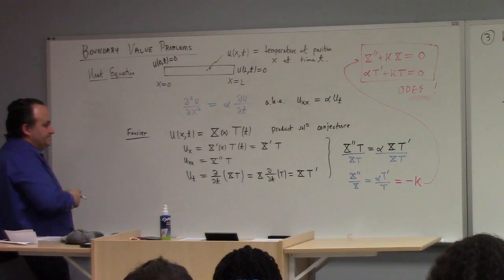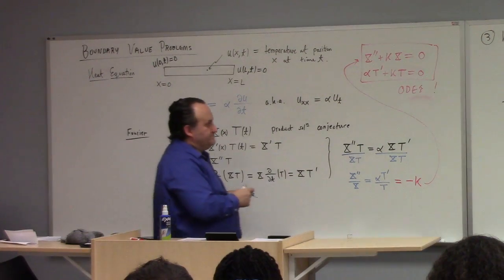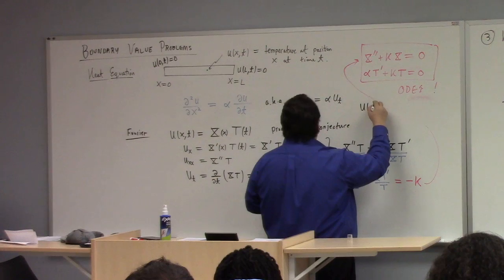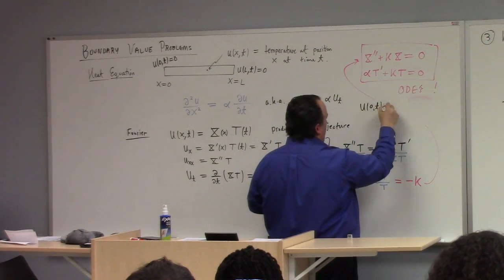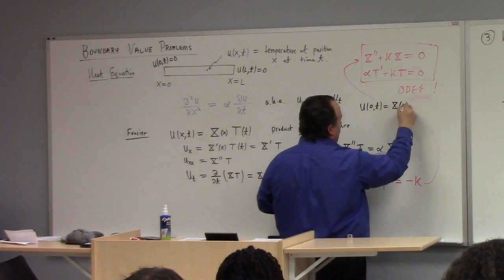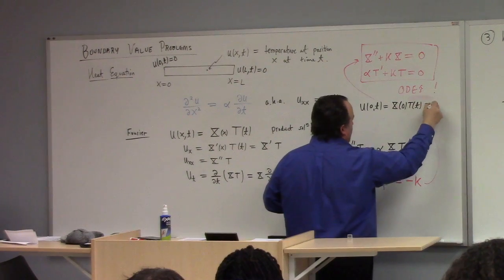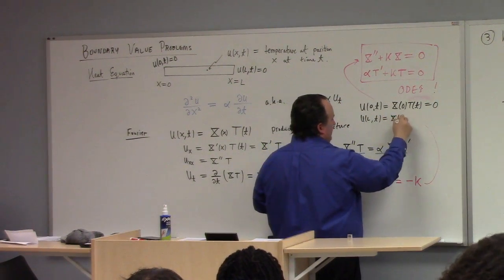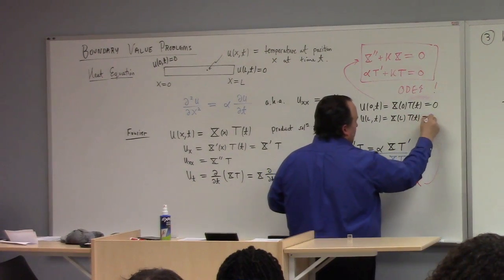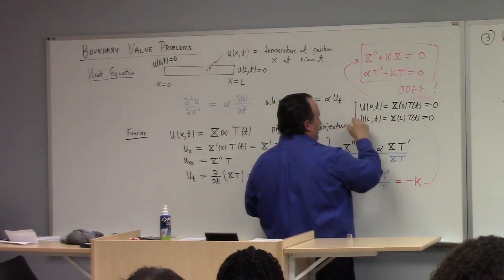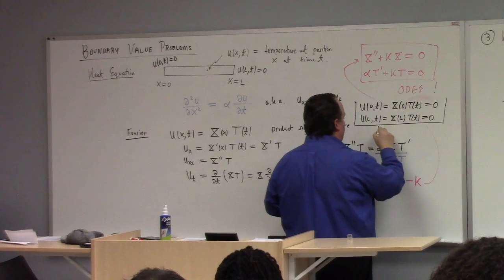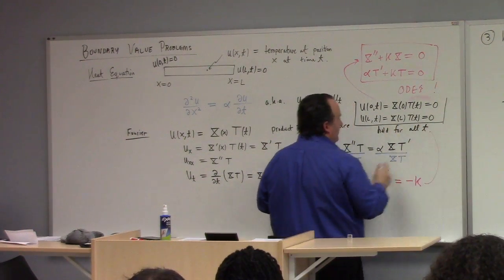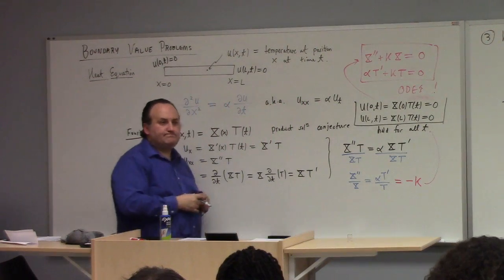But if you think about this product solution, if we have u of 0, t, we're talking about X of 0 times T of t equal to 0, and u of L, t, X of L times T of t is equal to 0. These right here are holding for all time. What does that mean?